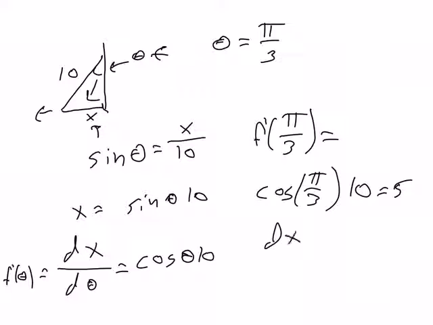So the amount that x is changing as the angle is changing, when the angle is equal to pi over 3, is equal to 5. Okay, that's the distance that it's moving away at that point.